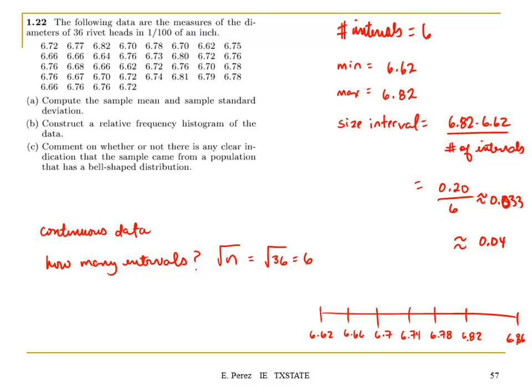So these are the bins that we're going to use to build our histogram. So the next, if you will do this by hand, the next thing to do is to count how many of those data points are within this interval, how many of those data points are within this interval, and so on. But Excel does that for you, so you don't have to count.